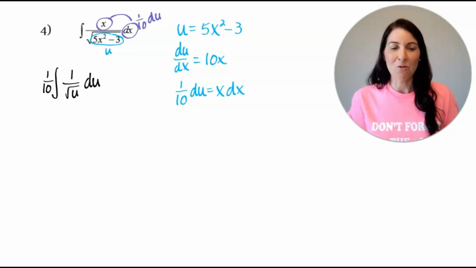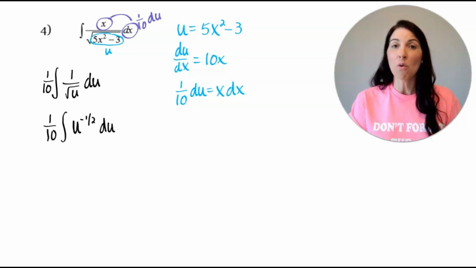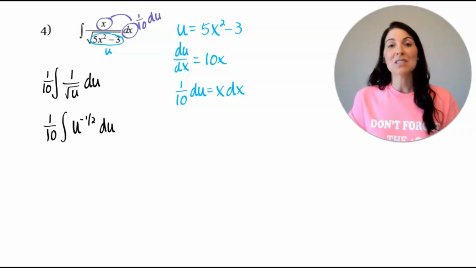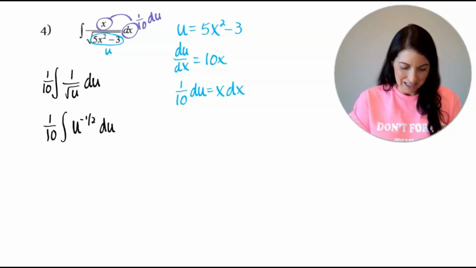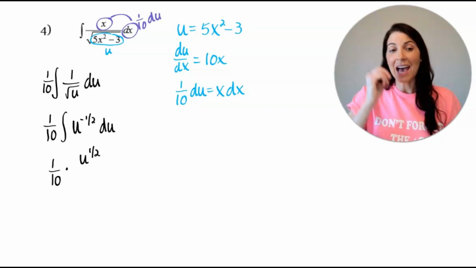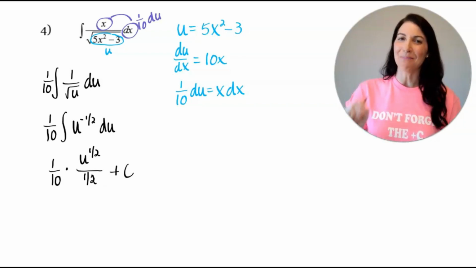I'm going to do a quick rewrite as u to the negative 1/2, an equivalent form, so that I can now use the power rule for integrals, which is to add 1 to the exponent and divide by that new exponent. So my antiderivative would be 1/10 times u to the power of 1/2, because I'm going to add 1 to that exponent and then divide by that exponent, and then don't forget that plus c.